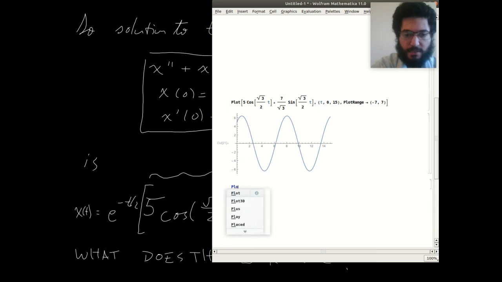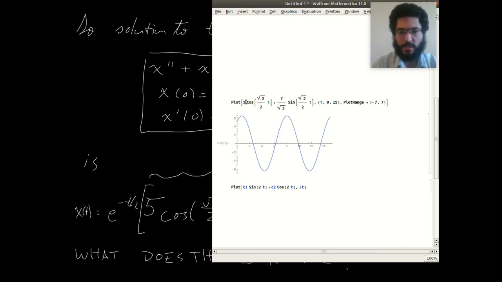Actually, here's another interesting thing we can try. Let's plot C1 times sine of 2t, plus C2 times the cosine of 2t. I just randomly chose the angular frequency 2, but I just want to see what happens as I change these coefficients in front. What kind of different things can I get?